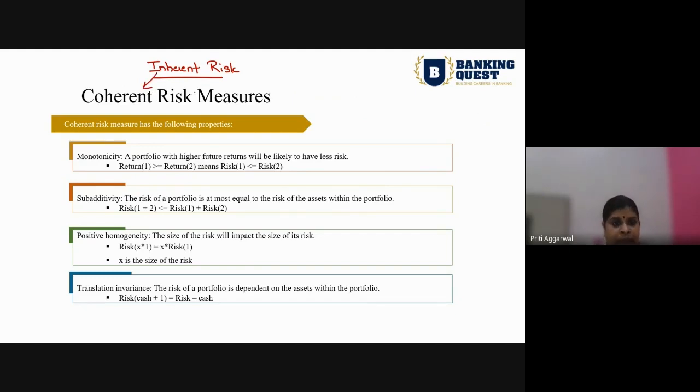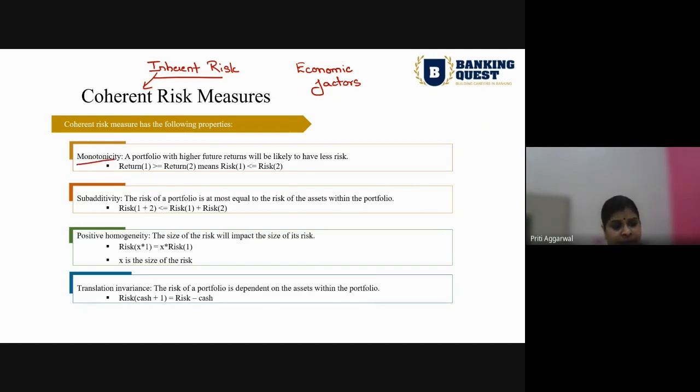Given your inherent risk, taking into account all the economic factors, or whatever factors are going to influence the market prices, I am going to determine the risk that is called coherent risk.